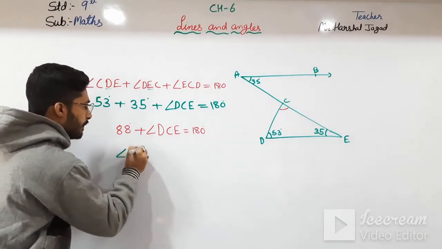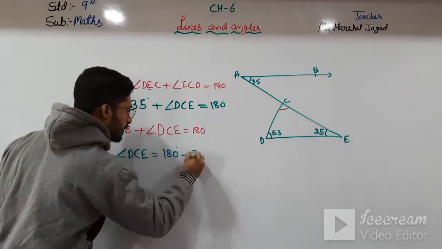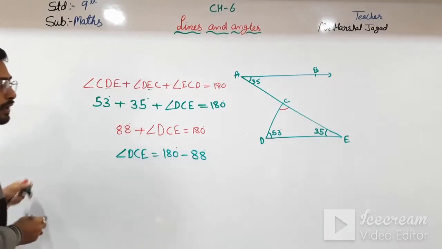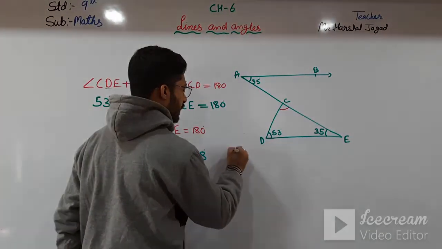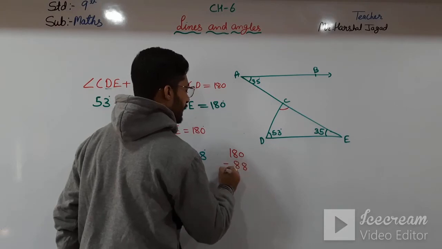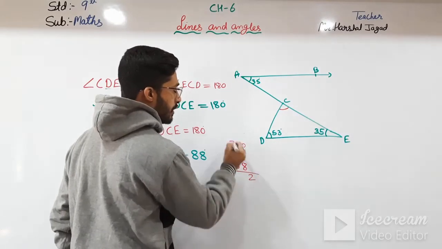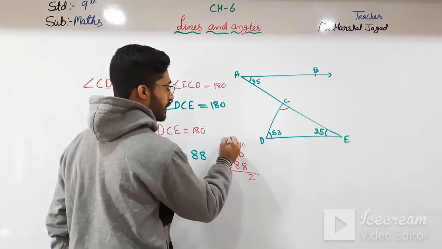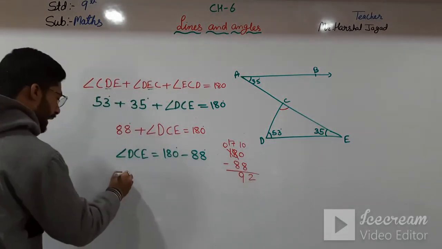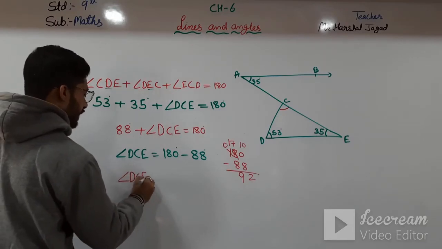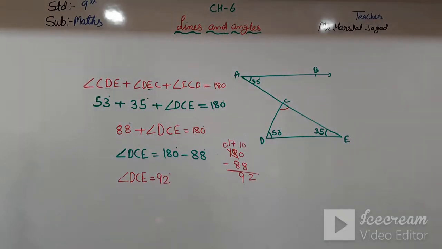So DCE is equal to 180 degrees minus 88 degrees. 180 minus 88: 10 minus 8 is 2, 7 minus 8 will not happen, so here it will be 17 minus 8 is 9, and 0 becomes 7 minus 1 is... so the angle DCE is equal to 92 degrees. Okay students, please note this down.